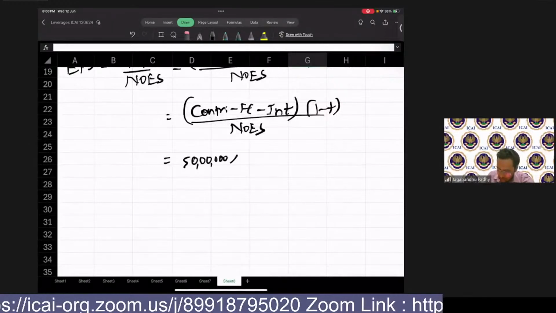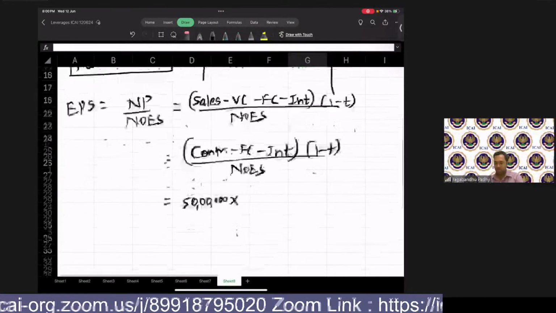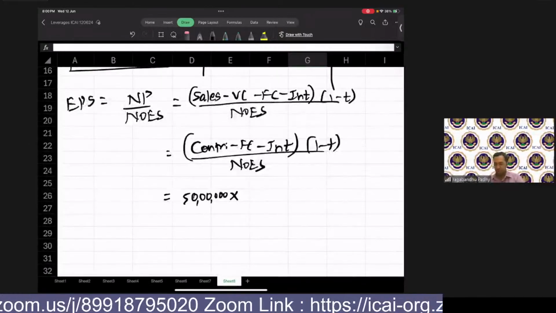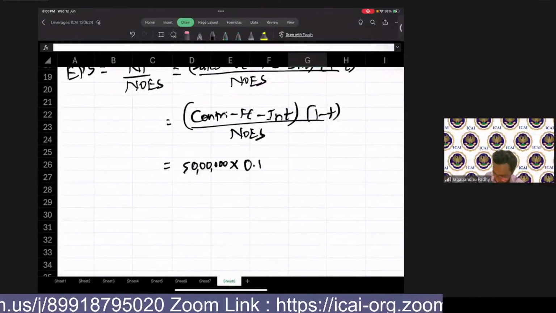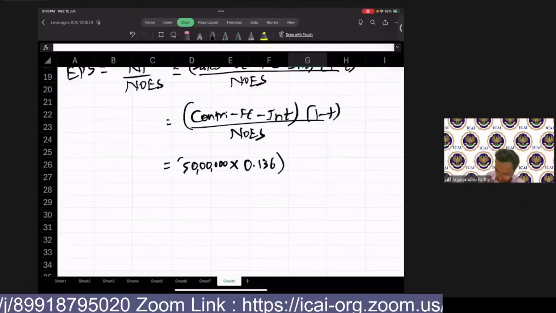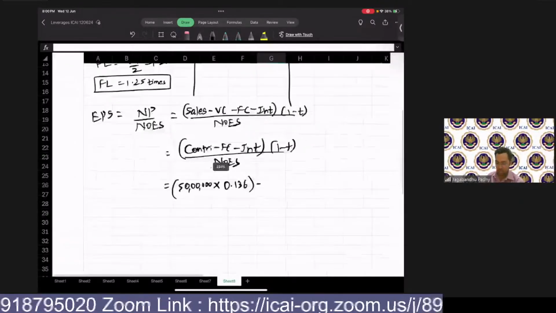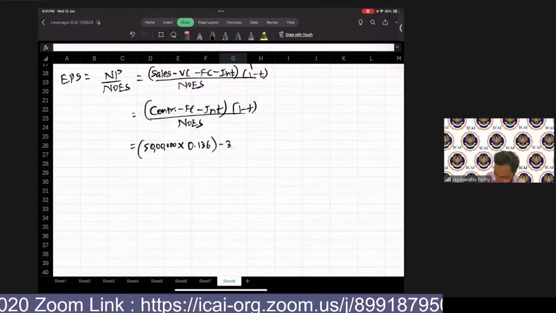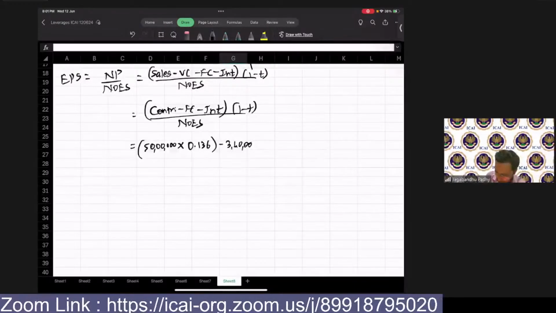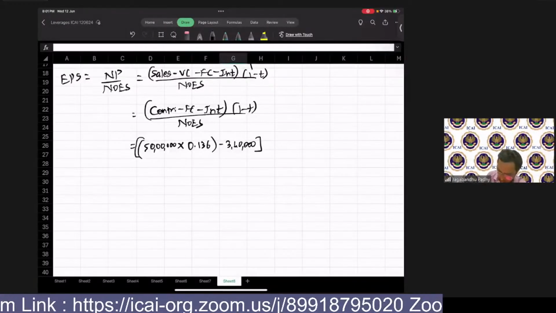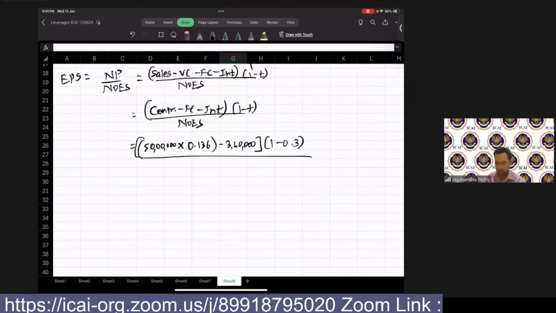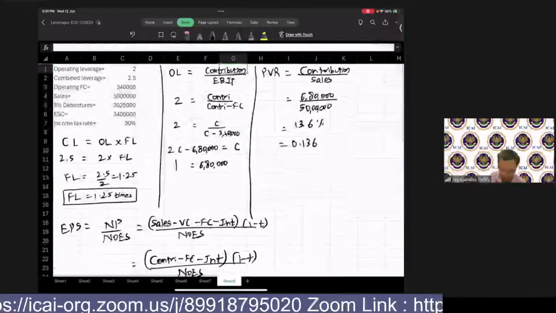On that 50 lakh, you multiply the PV ratio, which is 13.6%, or I can rewrite it as 0.136, minus fixed cost of 3,40,000. Then this entire thing is multiplied by 1 minus 0.3, which is the tax rate, divided by number of equity shares.